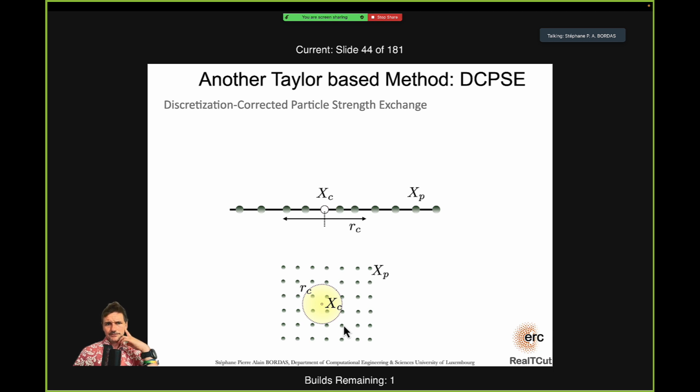Now there is a second approach which is maybe unfortunately not very well known, and which is known as the discretization corrected particle strength exchange.